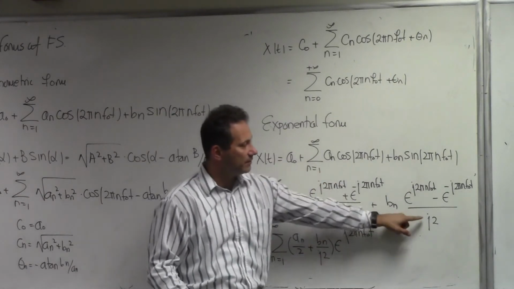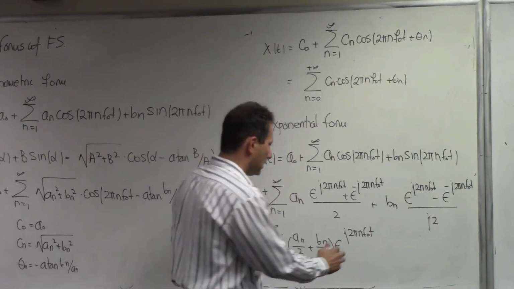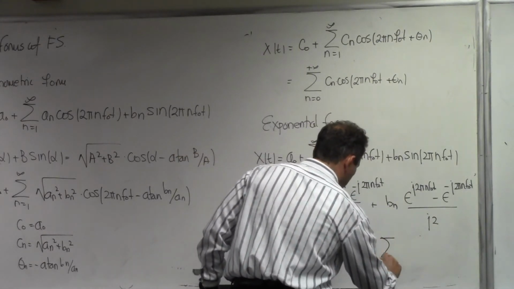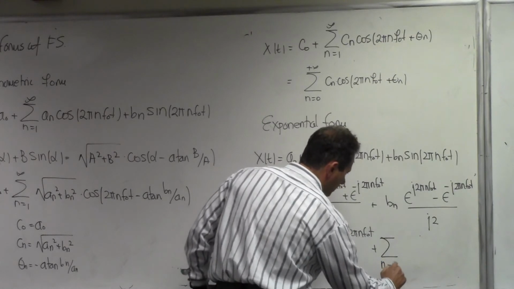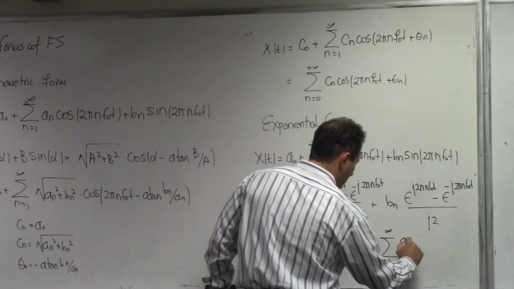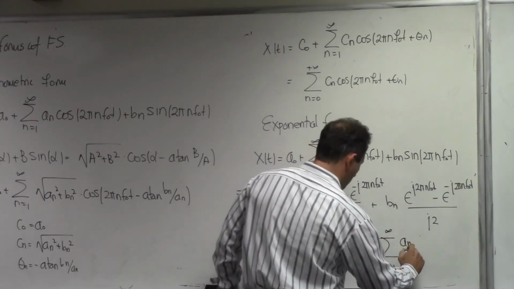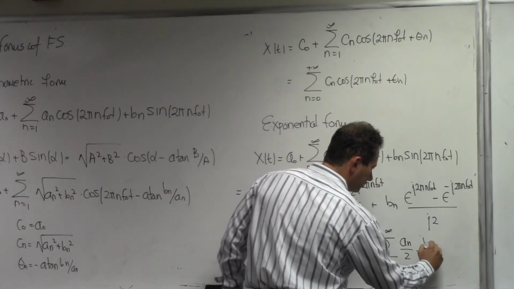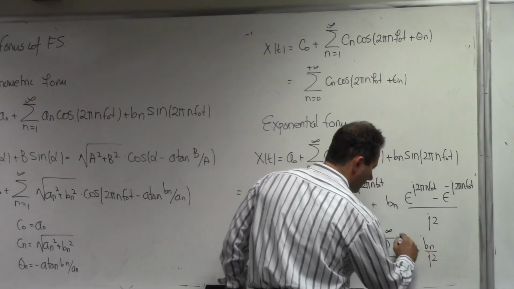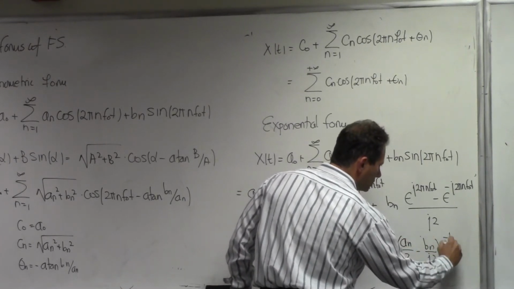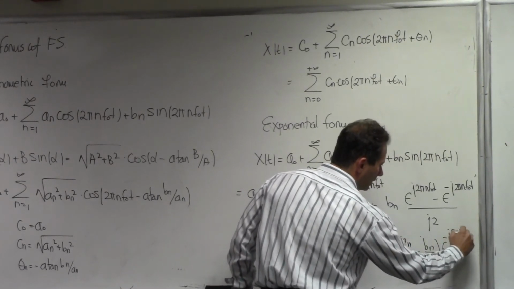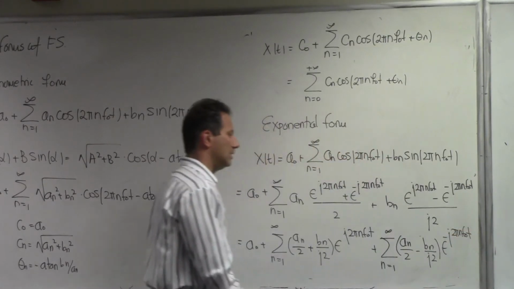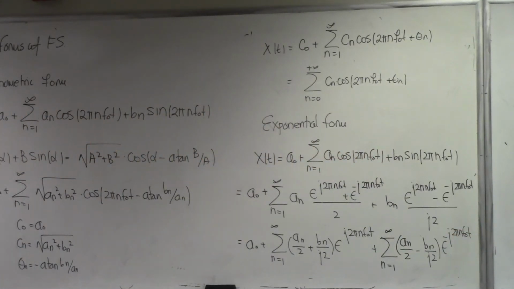From the second sum, I have bn over j2. And then plus the next term is going to be sum n goes from 1 to infinity, an over 2 minus bn over j2 times e to the minus j 2 pi n f0 t. So I have three terms. I have one constant term and two sums that I need to deal with.